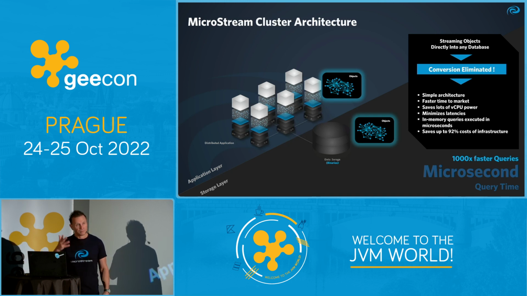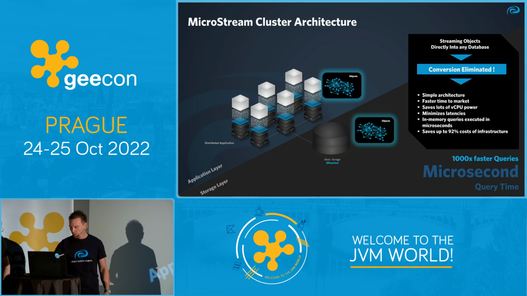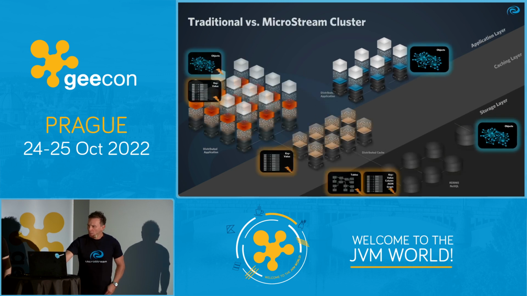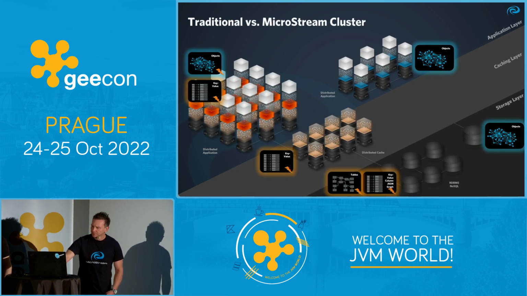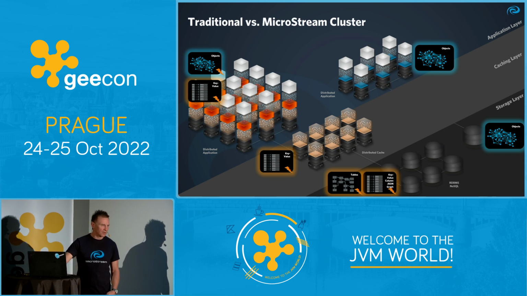But don't trust me. Check it out. It's open source and it's really easy to implement. In comparison to a traditional cluster, it's obvious that we save tons of CPU power and cluster infrastructure.